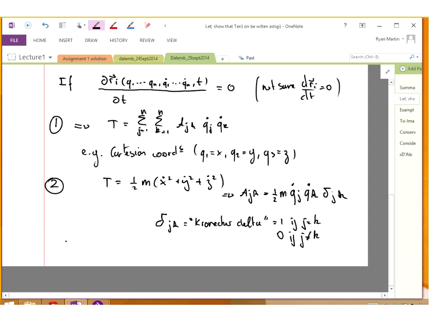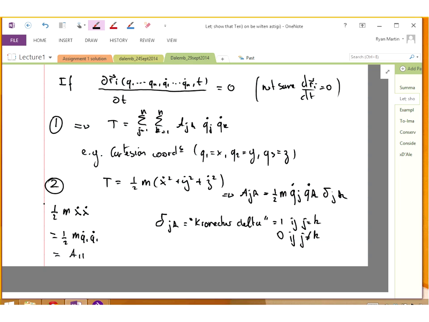That's the term that should be equal to a half m q1 dot squared, that's the same thing, and that's got to be equal to the term A11. And so what I notice is that in the form equation 2, I don't have any cross terms. So I don't have any x dots with y dots. I only have x dot squares, y dot squares, and z dot squares.